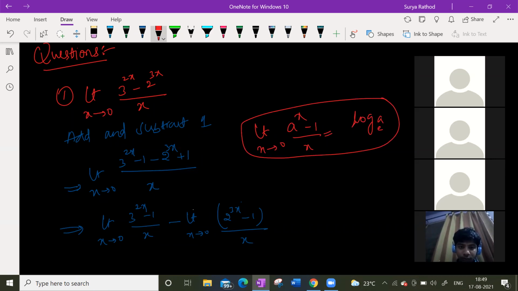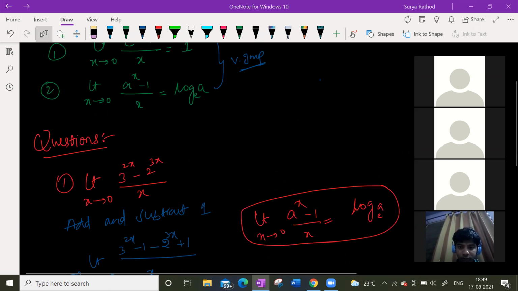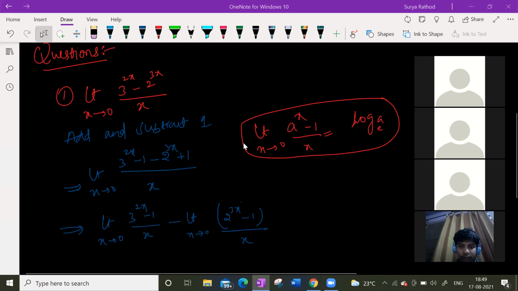This is what it gives me, isn't it? Is it clear? But how can I convert the given question?